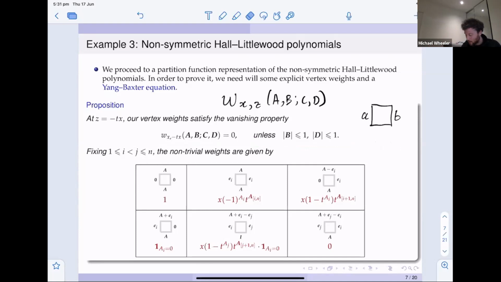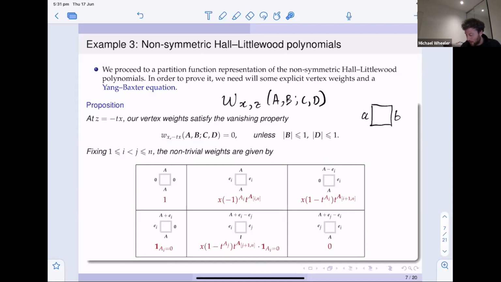That's precisely because the dimension of this space will just end up being n-dimensional, or n plus 1 dimensional when you're dealing with the fundamental representation. And for all of the cases that do not vanish, you can actually work out the weights explicitly, and you get this table here.